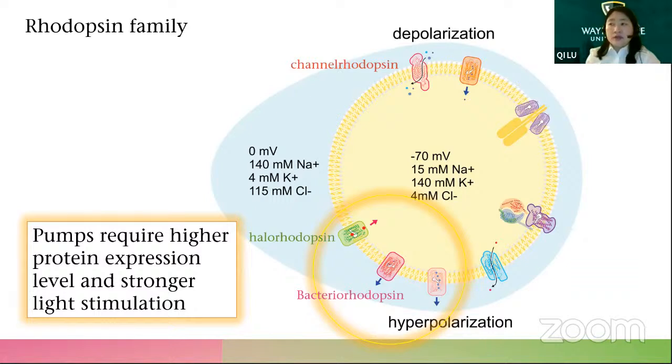But the channelrhodopsin, as a channel, has much larger ion transmembrane flux than the pumps. So scientists are most focused on channelrhodopsin, and the first structure research was focused on channelrhodopsin.